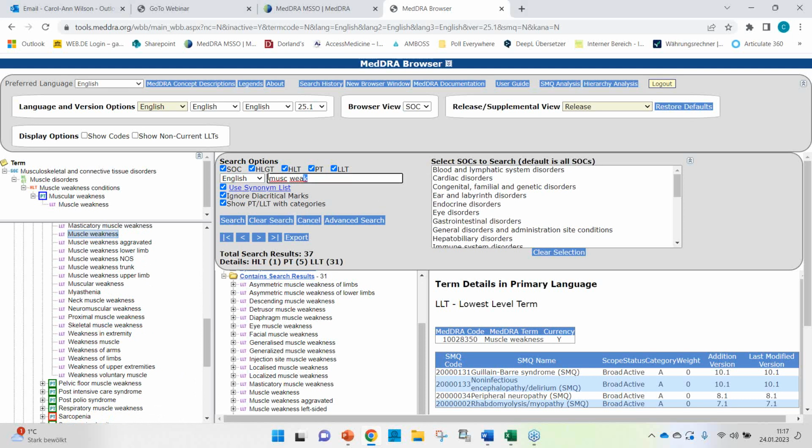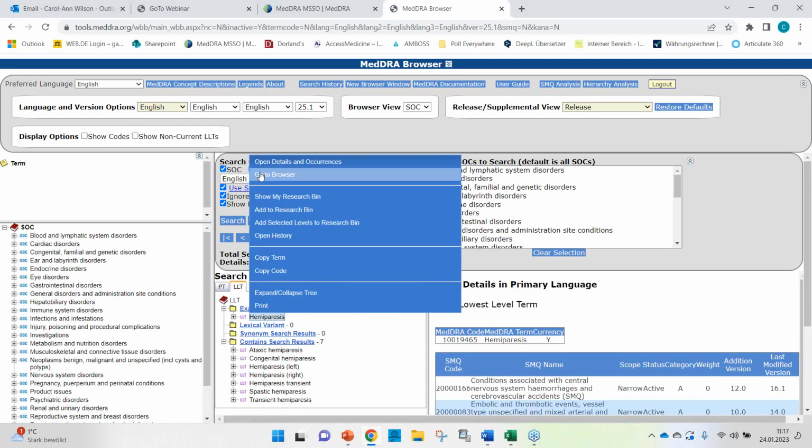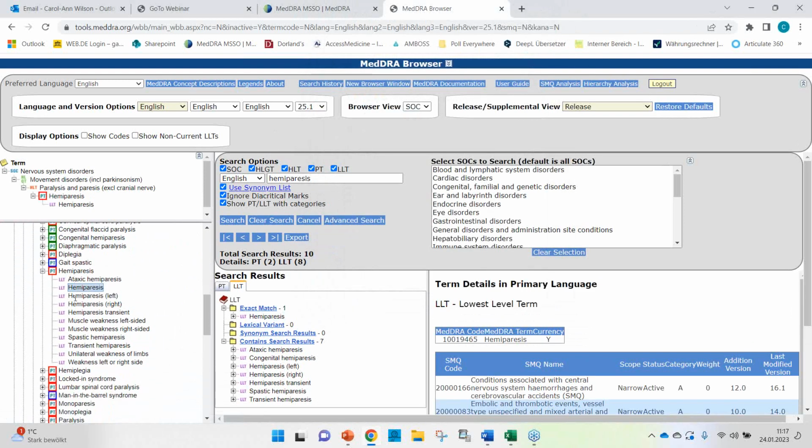So let me look for hemiparesis. And search. Here we are, direct hit. Let's look for the LLTs underneath. Here we are. Hemiparesis, left and right.